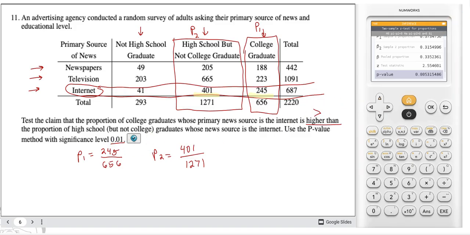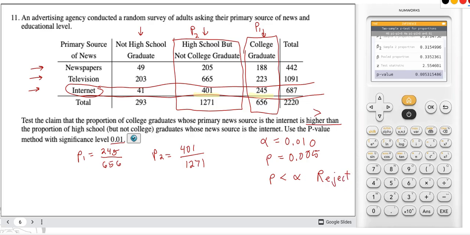That's what we want to compare to the alpha level. Alpha we were given as 0.01. The p-value is 0.0053, if you want. But you can see that the p-value is smaller than alpha, so we reject.